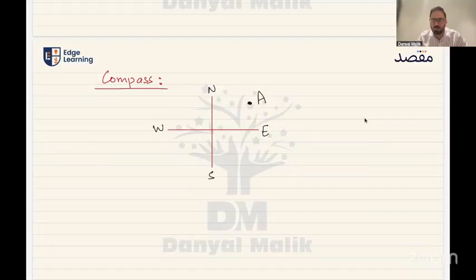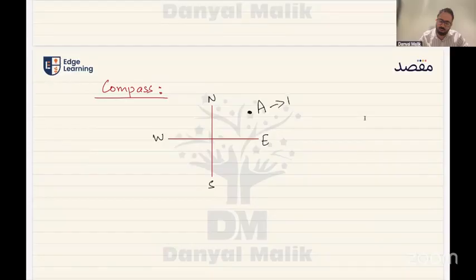So far, Sarim is the only one who has answered. Tara, you are right. Maruki, Maria, you are also right. So yes, most of you are right that A will be northeast, correct? Similarly, what about point B?